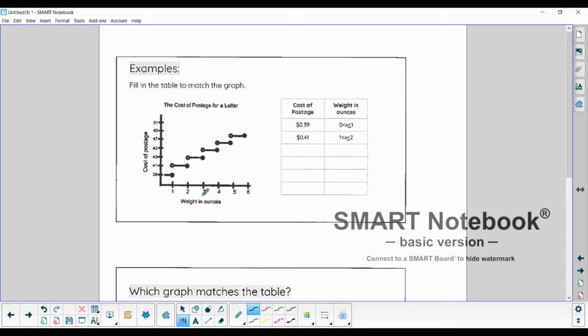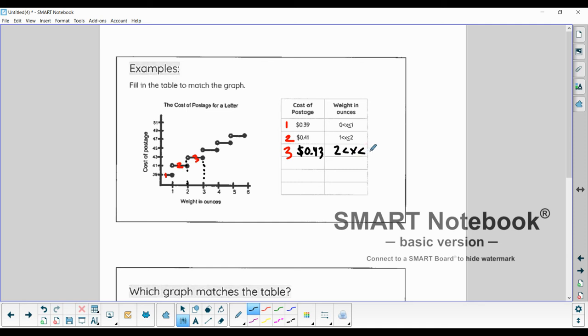So we can also fill in a table. They did the first 2 steps for us. So the first step is right here. The second step is right here. The third step has a cost of 43 cents. And then we look at the 2 x values, it's in between. So for 43 cents, it's in between 2 and 3.